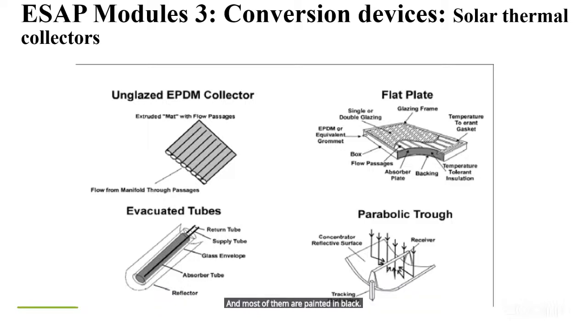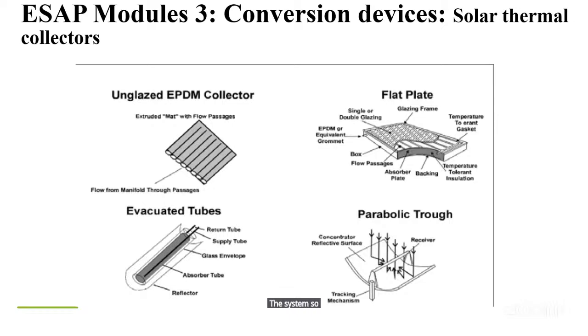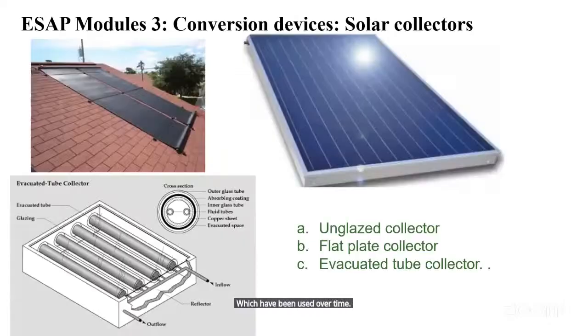And we know why they are painted black: because black means more of the radiation is moving through the system. So you have the unglazed collectors, the flat plates, the evacuated tubes, and the parabolic troughs, which have been used over time. These are some of the examples.